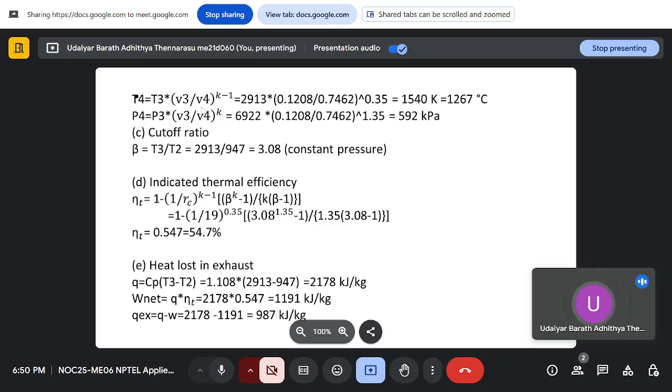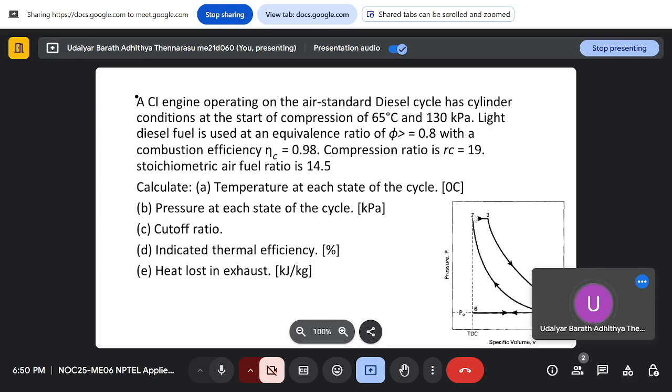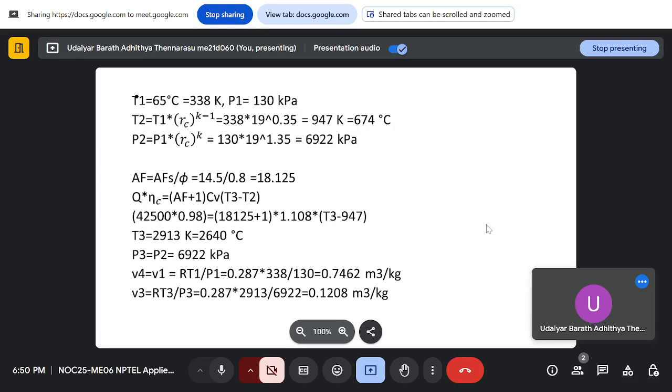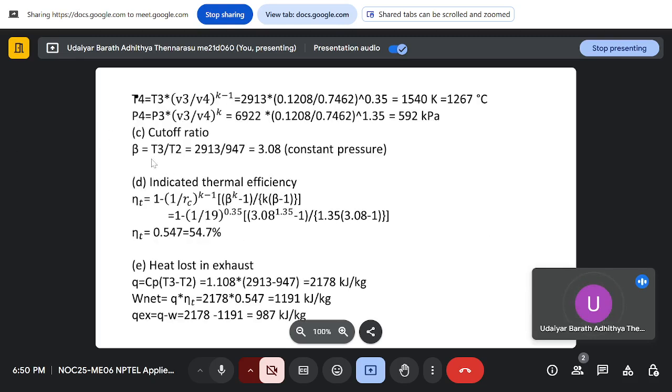P4 comes out to be 592 kilopascal. The cutoff ratio is V3 by V2, which for an ideal gas is T3 by T2, since that process is constant pressure. So T3 by T2 will be 3.08, and that is my cutoff ratio.